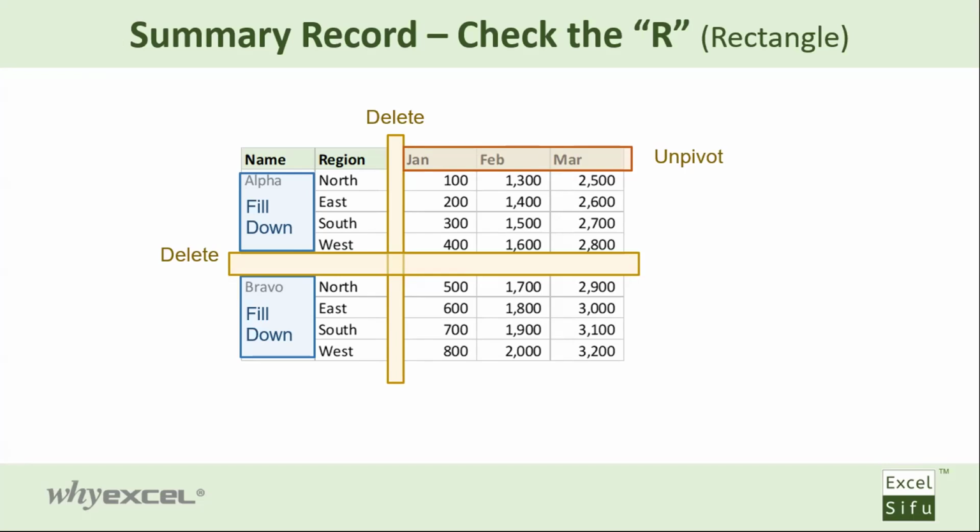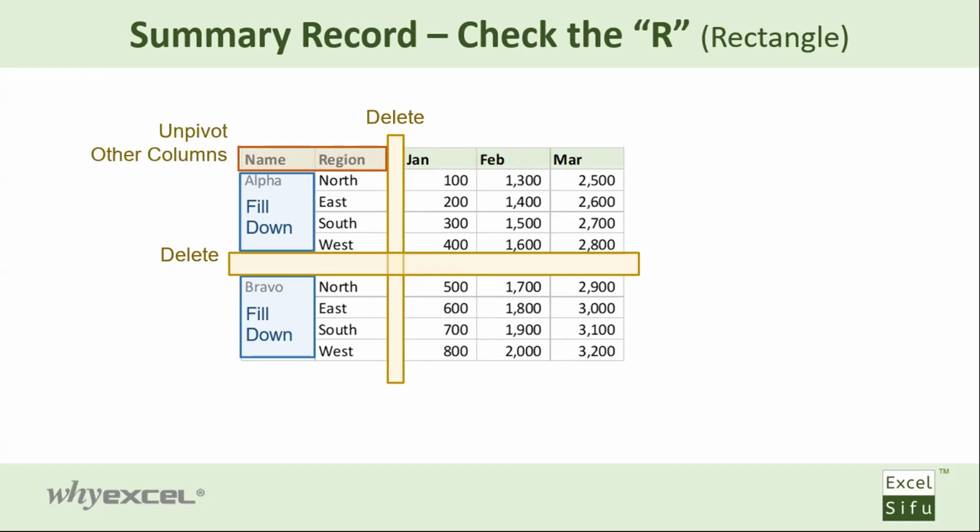Therefore, we reverse it. We choose unpivot other columns. That means we focus only on the name and region to keep them consistently vertical, and the rest, we bring down as 2 columns: 1 column for the month, 1 column for the value. So the end result will be something like this.